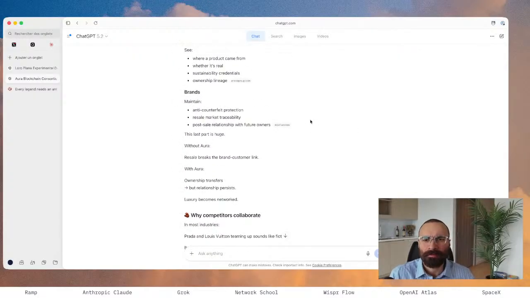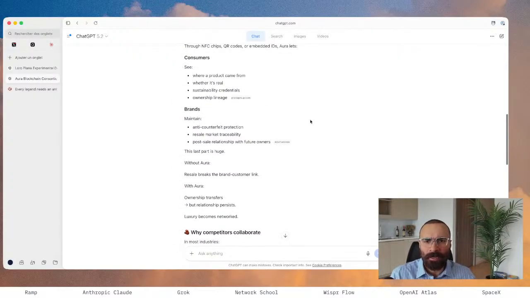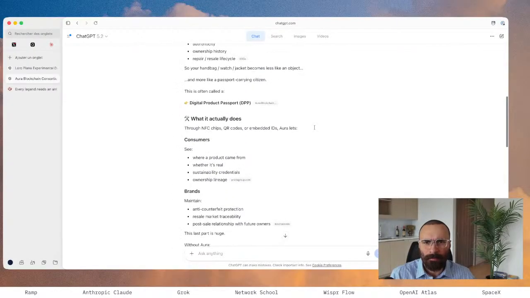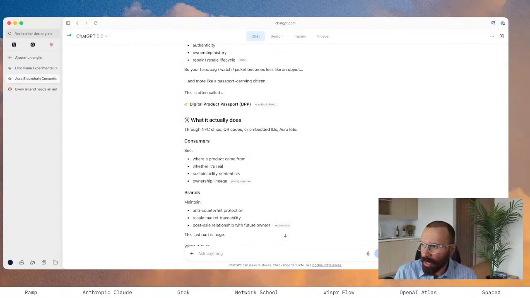Pretty cool. Maintain anti-counterfeit protection, resale market traceability, post-sale relationship with future owners. This part is huge. Resale breaks the brand customer link. With Aura, ownership transfers, but relationship persists. Luxury becomes networked. I think that is beautiful. How you can resell your product, but how can the brand still maintain a relationship with this new customer?